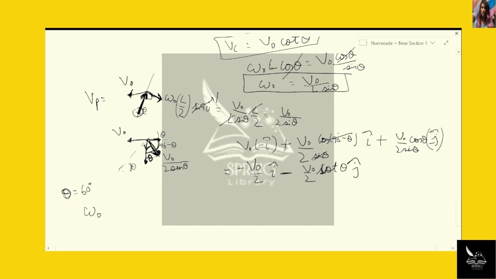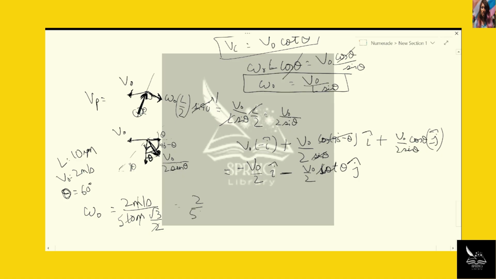So if theta is given as 60 degrees and let's say V naught is 2 meters per second, and let's say length is 10 meters, then omega naught is going to be 2 meters per second over 10 meters, and then sine of 60 is root 3 over 2. So meter cancels meter, and then 2 cancels 10.